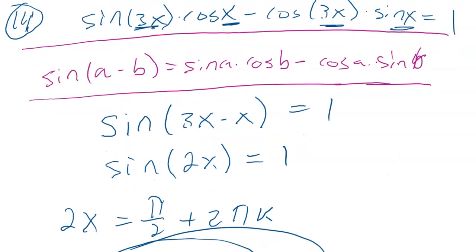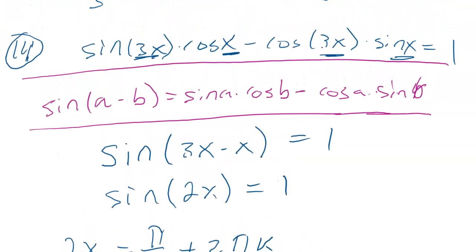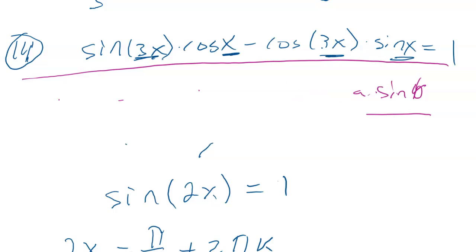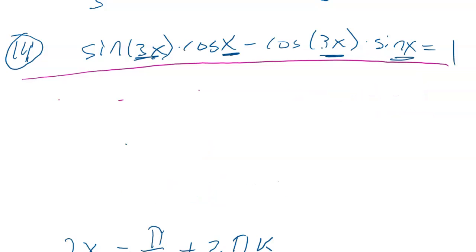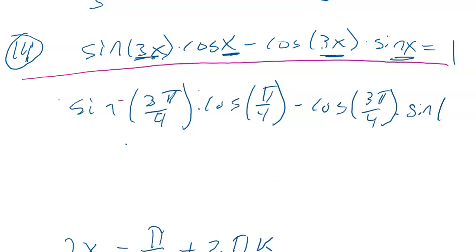Like we're saying, x is equal to pi over 4, right? So you get sine of 3 pi over 4 times cosine of pi over 4 minus cosine of 3 pi over 4 times sine of 3 pi over 4.